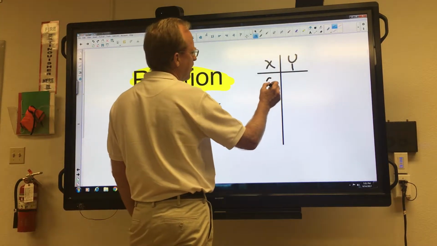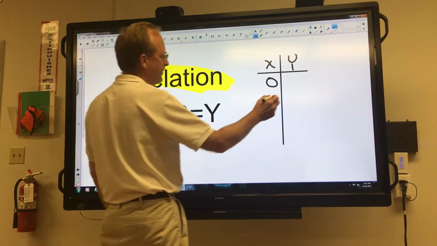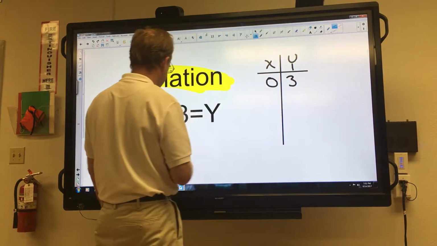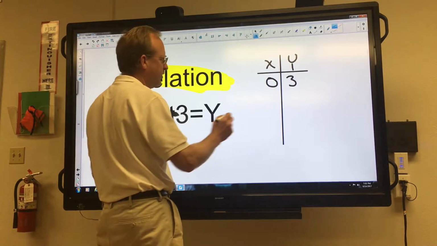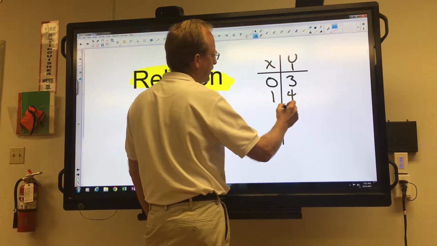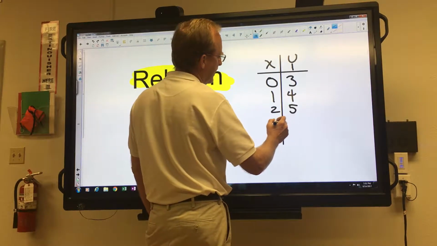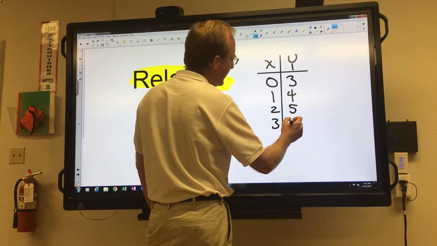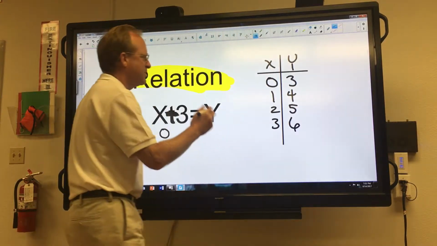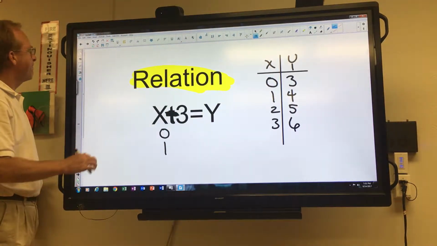So if we put in 0, 0 plus 3 is 3. If we put in 1, 1 plus 3 is 4, and so on. Now, this mapping of the values, this is called a relation. Okay?